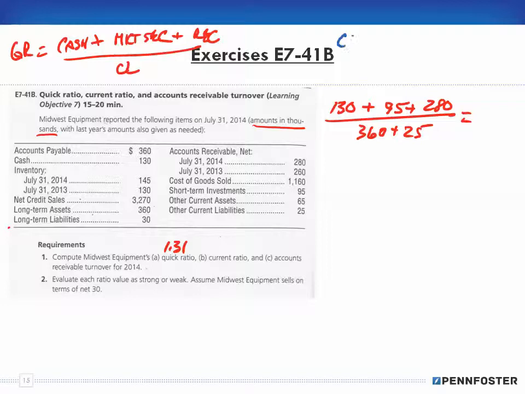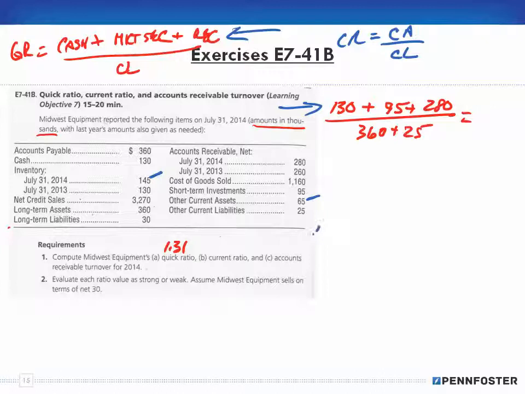Your current ratio is your current assets over your current liabilities. So we're using these same exact numbers here, but we have to add in any additional amounts that are part of our current assets that weren't part of our quick ratio, and that would be the inventory here for 145, and our other current assets over here for 65.